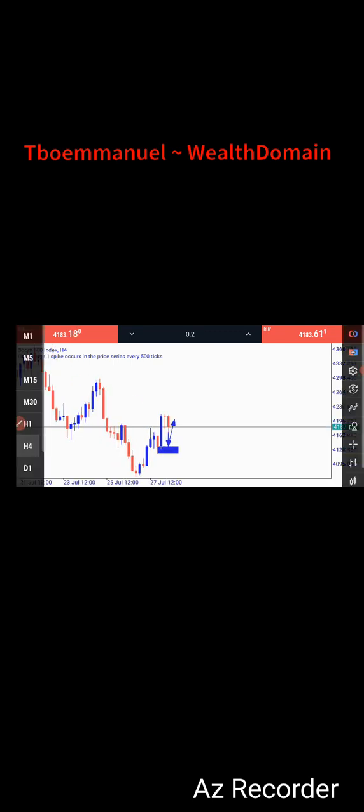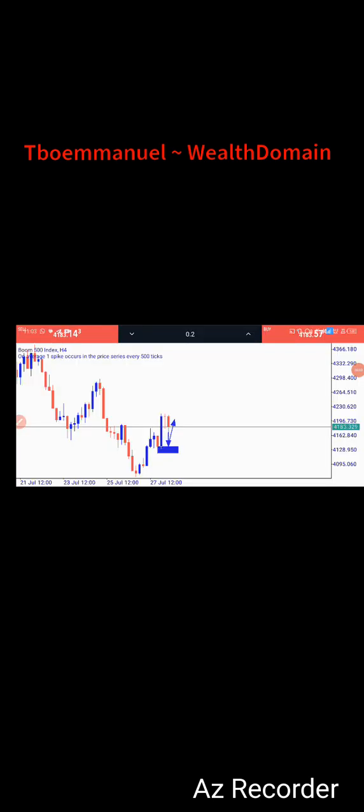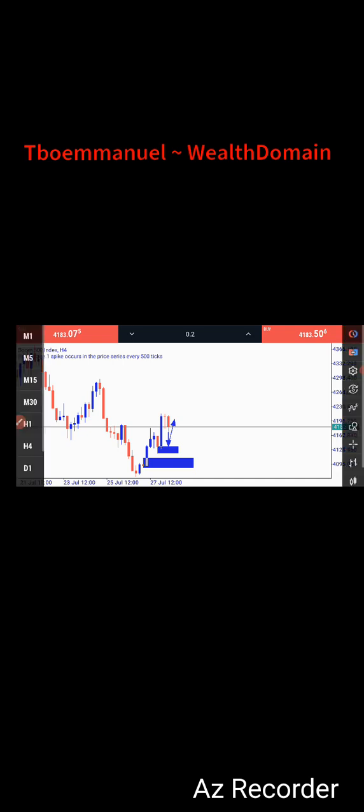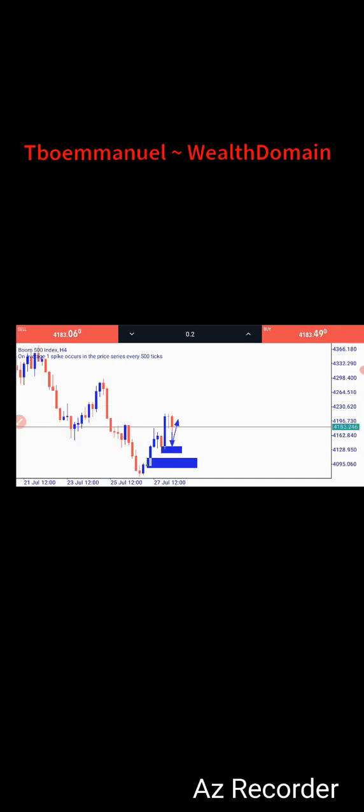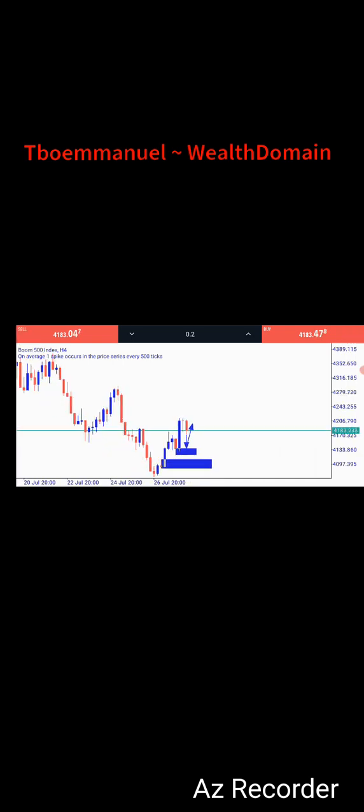H4. If you want to look at H4, you can see that there's another order block here at H4. But the thing is, the market will first respect this one before it comes back to respect this one, because it's a downtrend. But if the market changes back to an uptrend, it will continue.